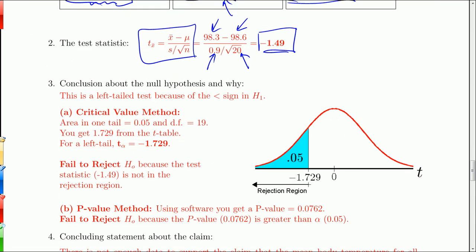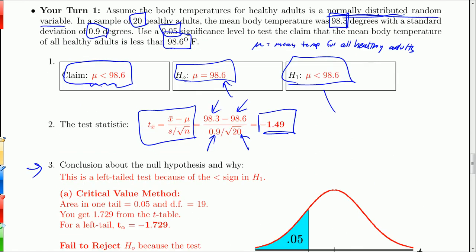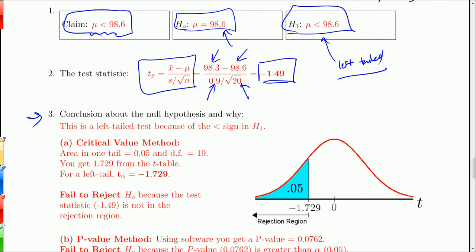Conclusion about the null hypothesis and why. This is a left-tailed test, right? Left-tailed. So, to find my critical value, I have my degrees of freedom is 19, because my sample size is 20. My area in one tail is 0.05.